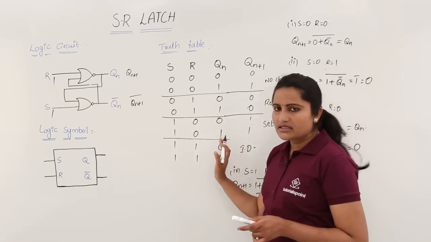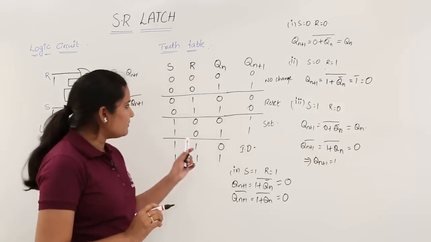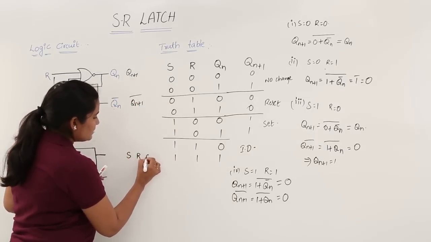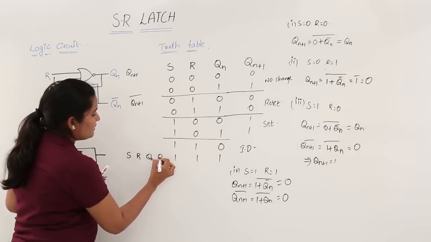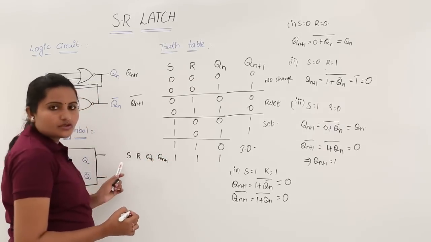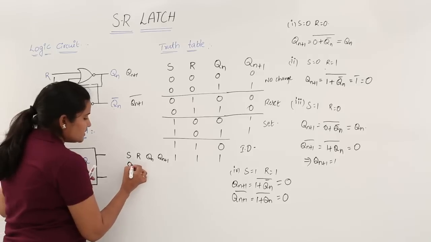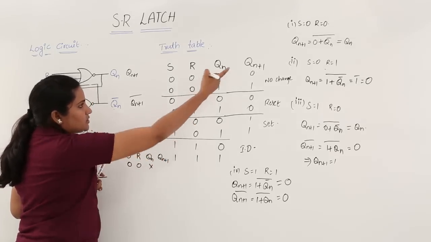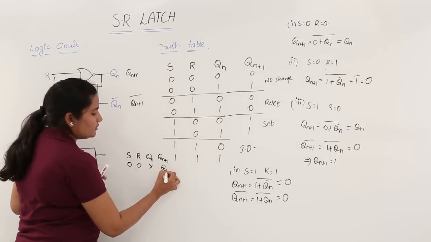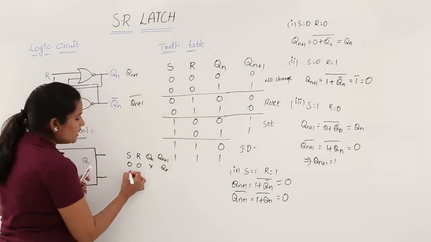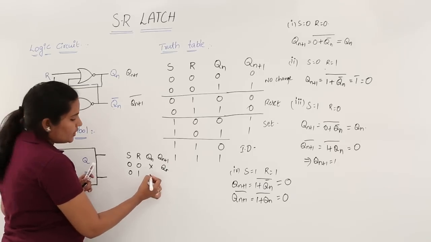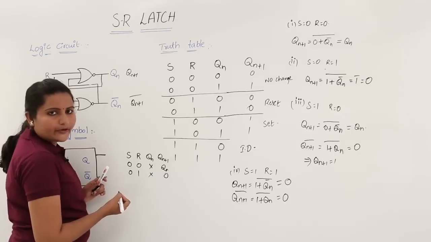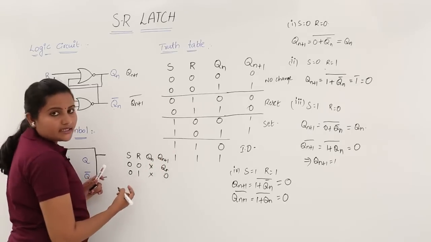So you can simplify this truth table like this also. For example, S, R, Qn and Qn plus 1 are there. Here in the 0, 0 condition I am taking this as don't care, so Qn plus 1 is equivalent to Qn. Now in the 0, 1 condition Qn is don't care, so you are taking the output as 0, that means reset state.